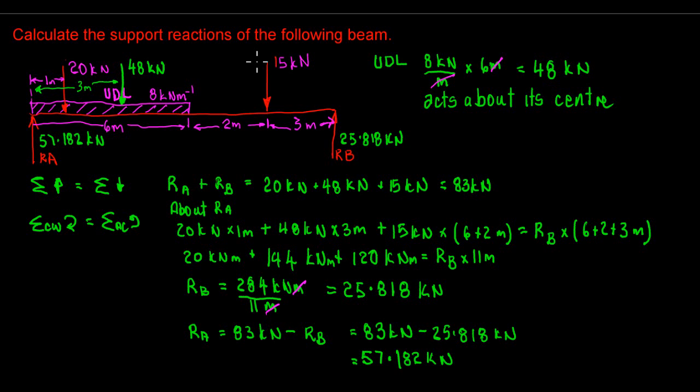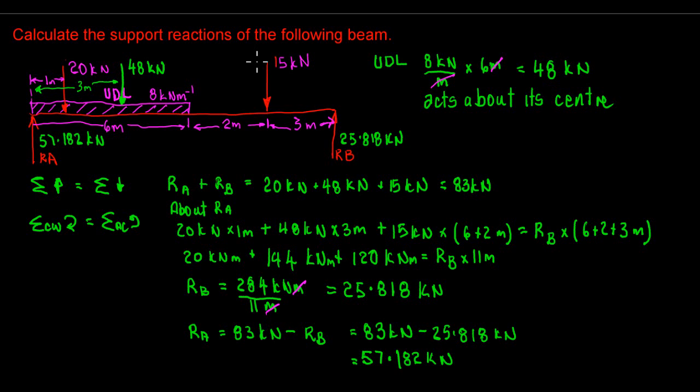So just working through those, we get our 20 kilonewton meters, our 144 kilonewton meters, 48 times 3, and our 15 by 8, 120 kilonewton meters, equals RB times 11 meters.